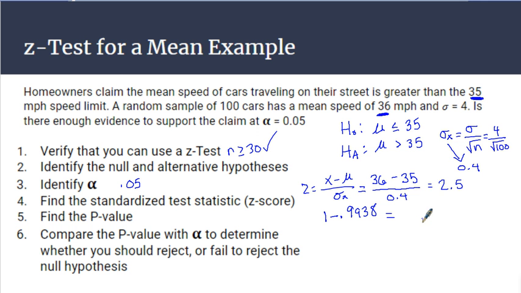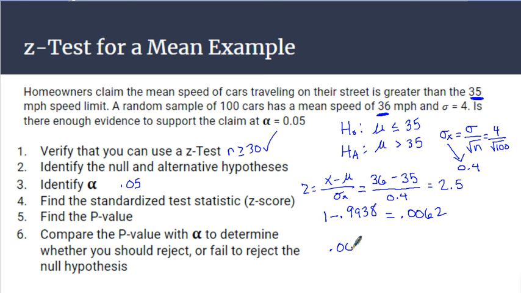So 1 minus 0.9938 is 0.0062. So if the actual speed of the cars is 35 miles per hour or less, and we took a sample of 100 and got a mean of 36 miles per hour, the probability of that happening is 0.0062. Again, not very big.